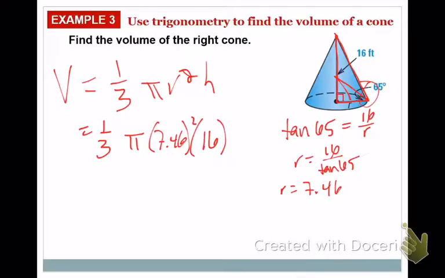So now we'd take 7.46 squared times 16, divide that by 3, and the volume ends up being 296.9 times pi feet cubed. And again, you can multiply that pi out and get your decimal answer if you need to. Okay?